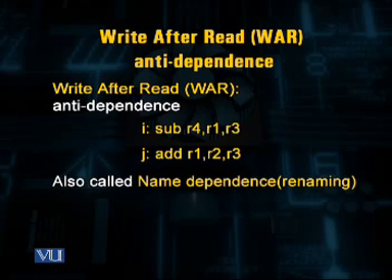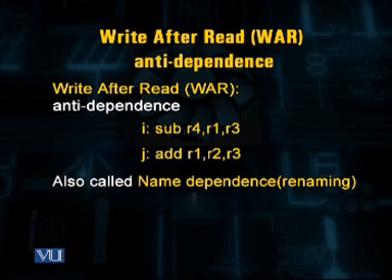You can see this from this example over here, where instruction I, which is subtract R4, R1, R3, means that the R3 is to be subtracted from R1 and the value is to be placed in R4. Whereas the jth instruction is one where the sum of R2 and R3 is to be written into R1.